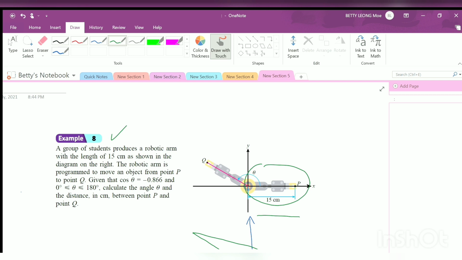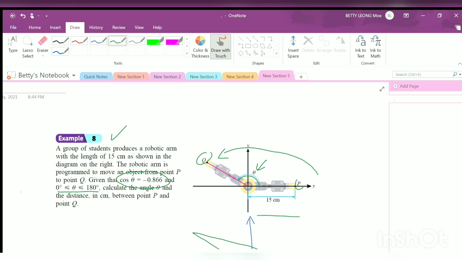The robotic arm is programmed to move an object from P to Q. When it moves, there is an angle here, theta. Given cos theta is negative 0.866, it is in the range of 0 to 180.